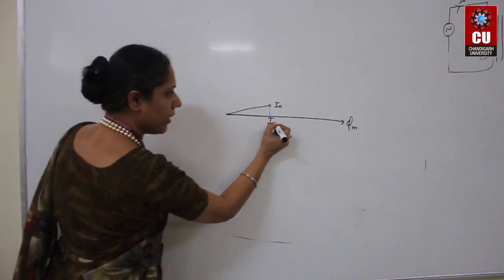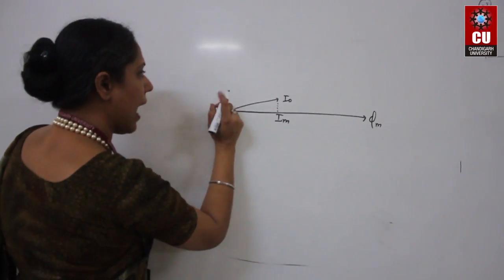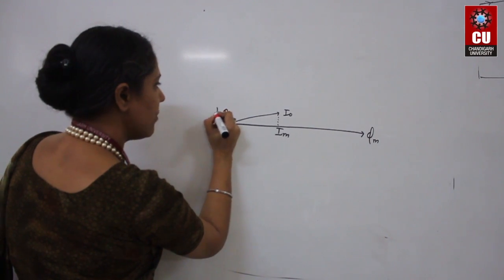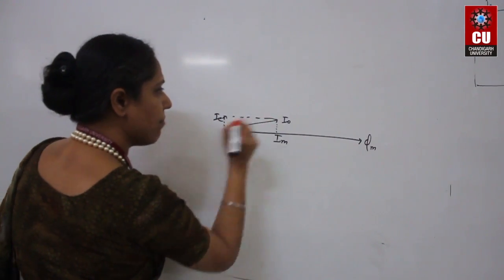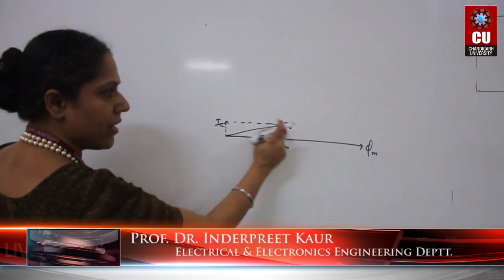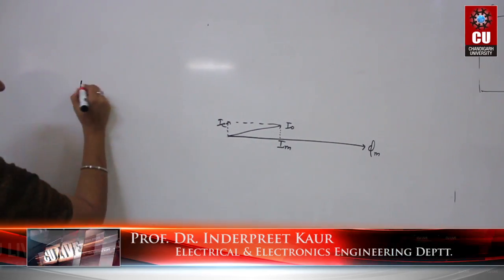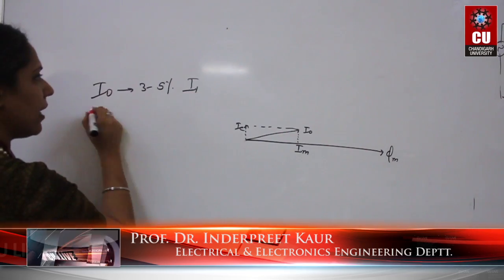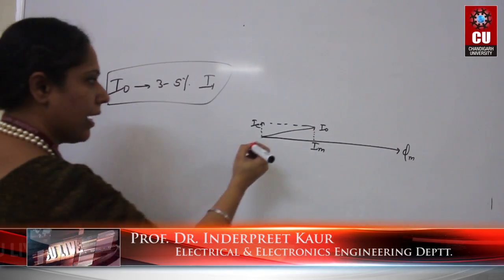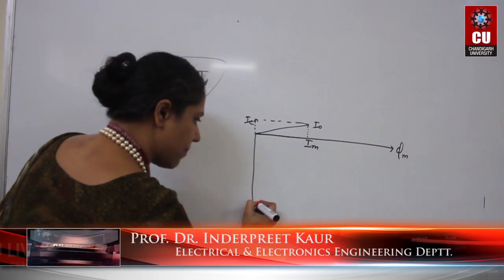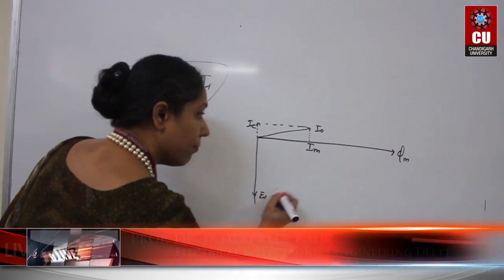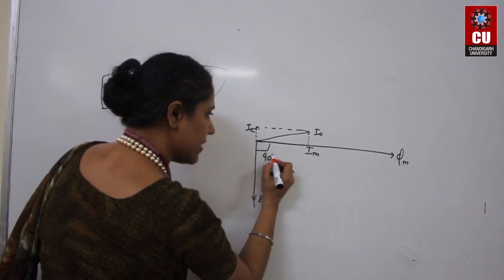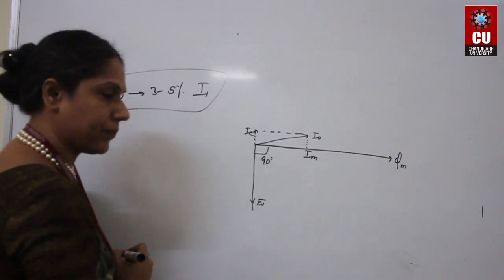It has two components, the magnetizing component and the energy component Ie. The phasor sum is I naught. This I naught is just 3 to 5% of the total primary rated current. Since E1 lags behind the flux phi m by 90 degrees, according to the phasor diagram, E1 lies here.